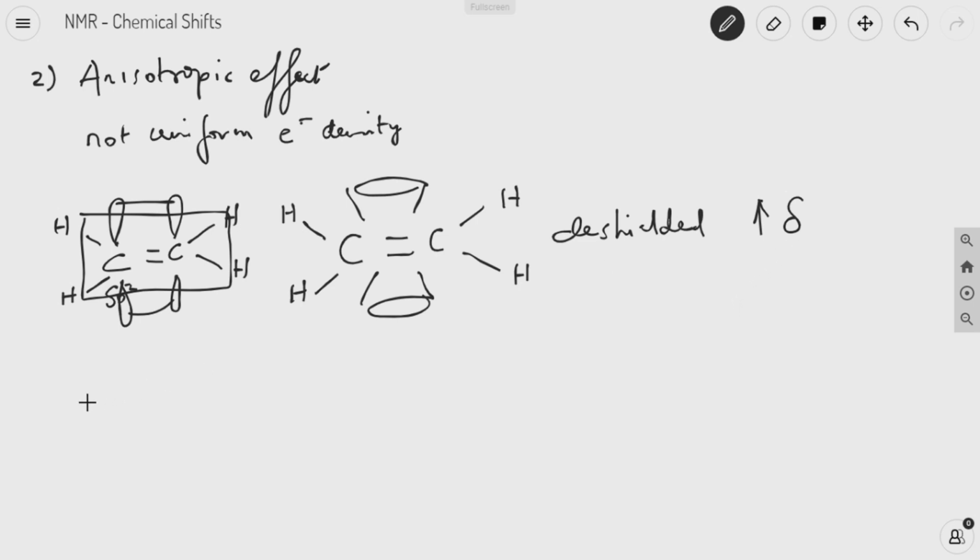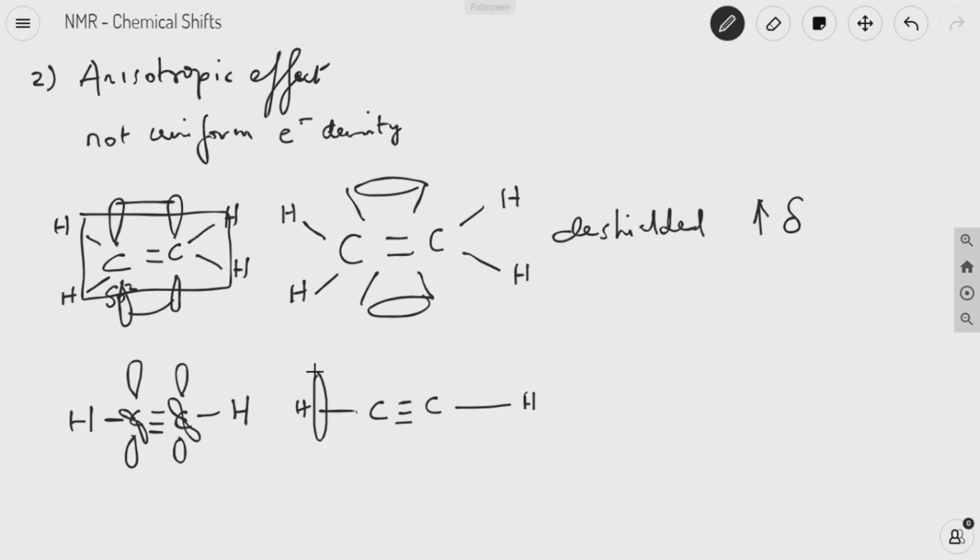So, we'll see one more example, in the case of acetylene. This is a different scenario, because it's a linear molecule. We have electron density on the plane perpendicular to the bond axis, and also one more plane above and below. So it's something like a cylindrical arrangement of electron density, like a cylinder.